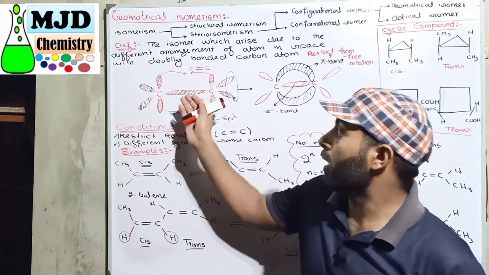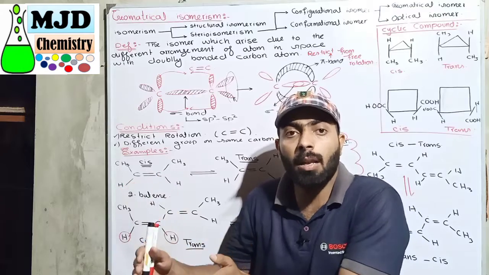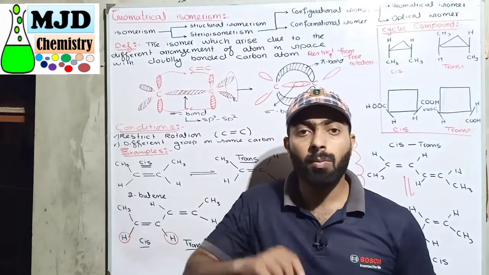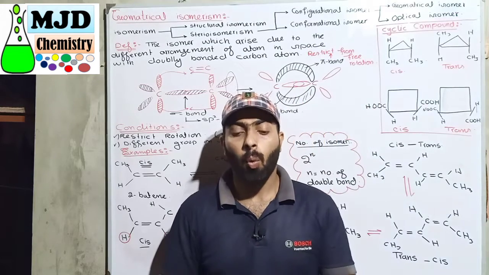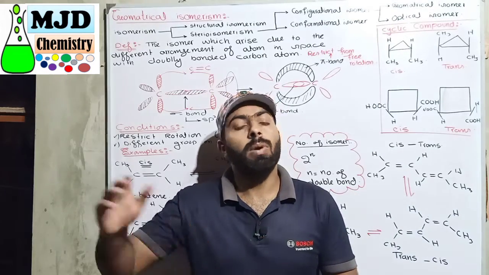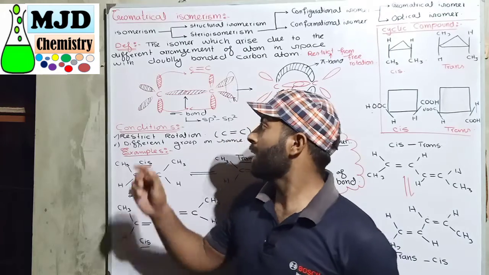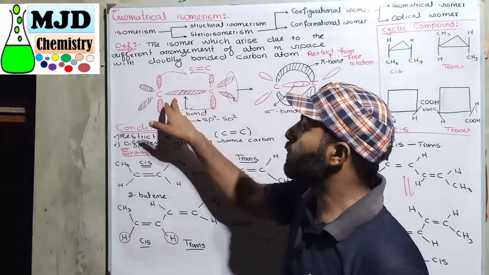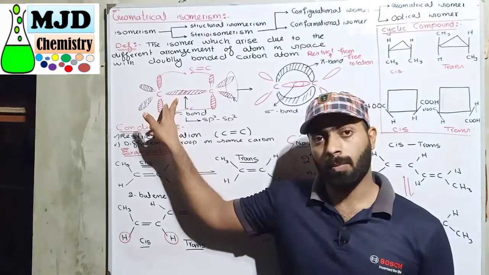Suppose we want to see how a double bond is formed between carbon atoms. When we say there is a double bond between carbon atoms, one is a sigma bond and the other is a pi bond. The hybridization of double bonded carbon atoms is sp2, and we know that in sp2 hybridization, trigonal planar is the structure of the molecule.